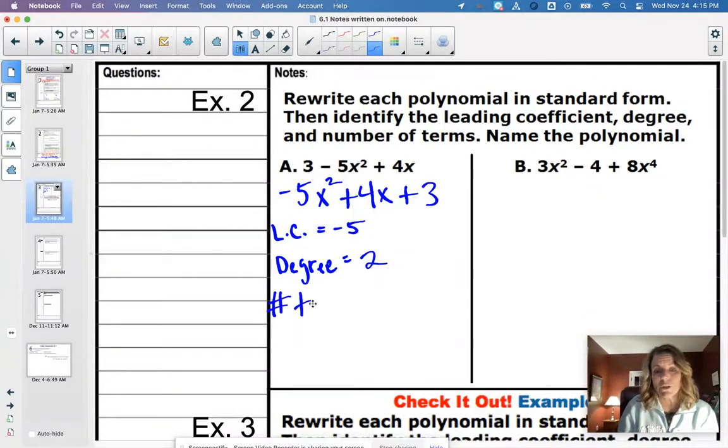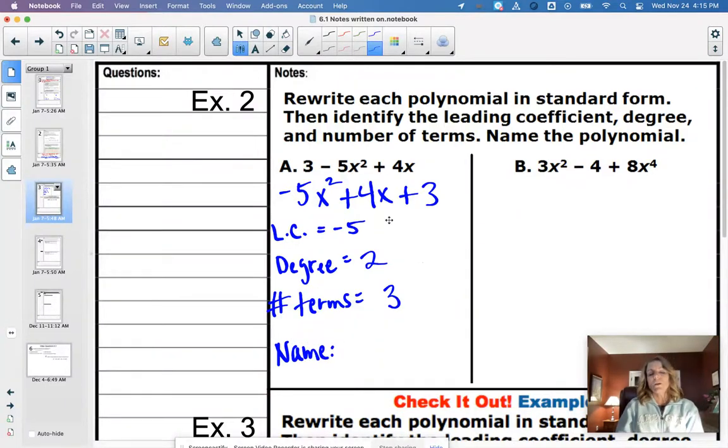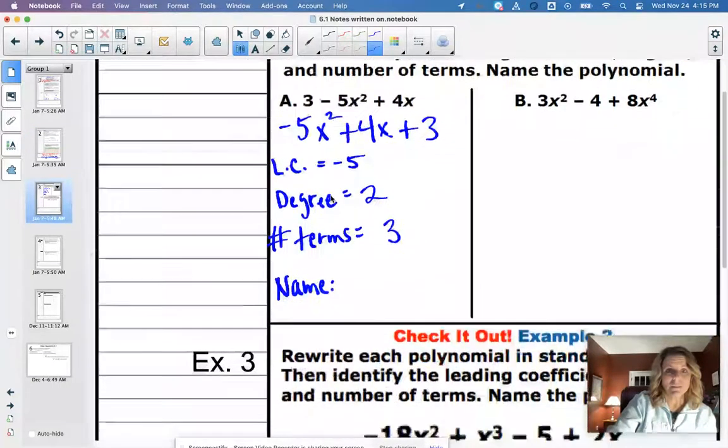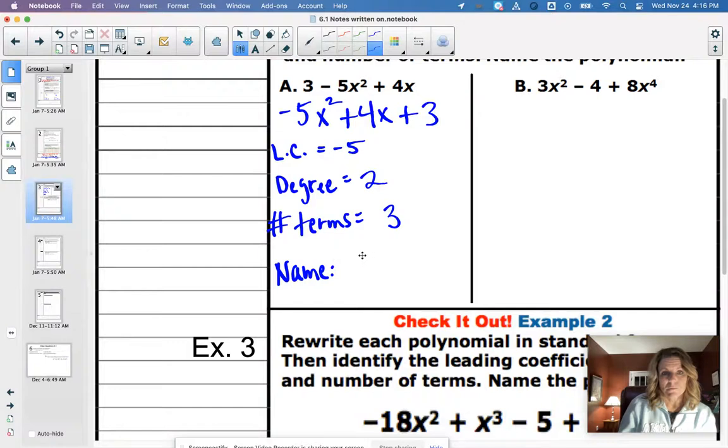The number of terms, 1, 2, 3, there's 3. So now we can name that polynomial. Well, we know it's a trinomial because there are 3 terms. But now the degree, we might have to refer to this table. We have a degree of 2. A degree of 2 is called a quadratic. So we would name this polynomial a quadratic trinomial.